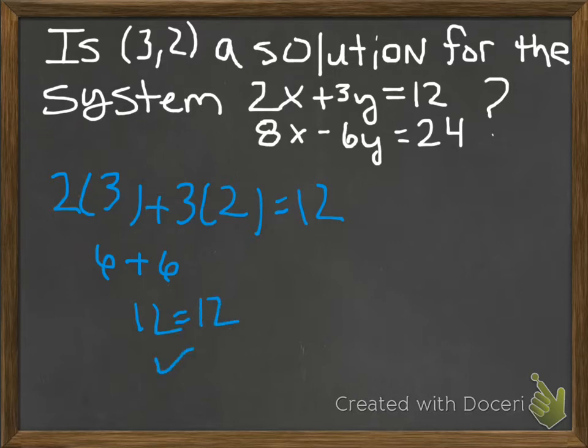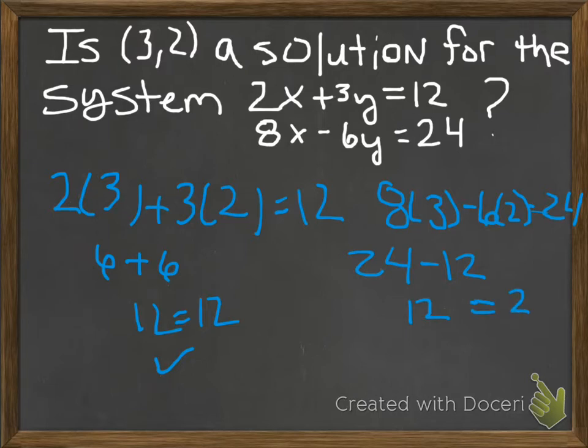You look at the second one, you've got 8 times 3 minus 6 times 2. Does that equal 24? 8 times 3 is 24. 6 times 2 is 12. That tells me that equals 12, which is not equal to 24. So that's not true.